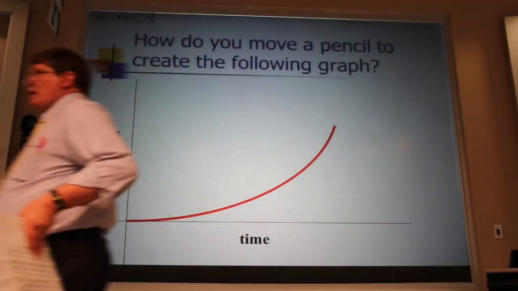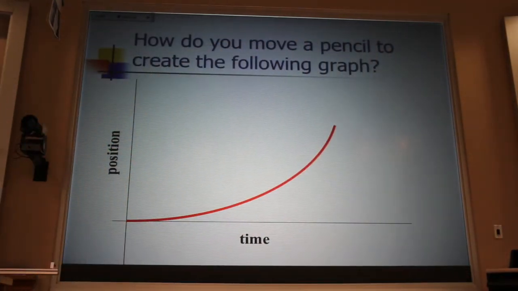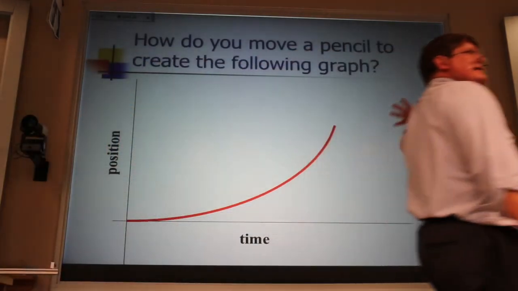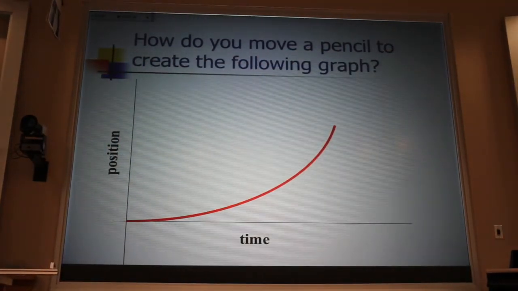We're going to let me be the object that moves, and we're going to move on a coordinate system that goes positive towards the open door, negative the other way, and that will be the origin of our number line. So, if I want to make that position versus time graph, where should I start?